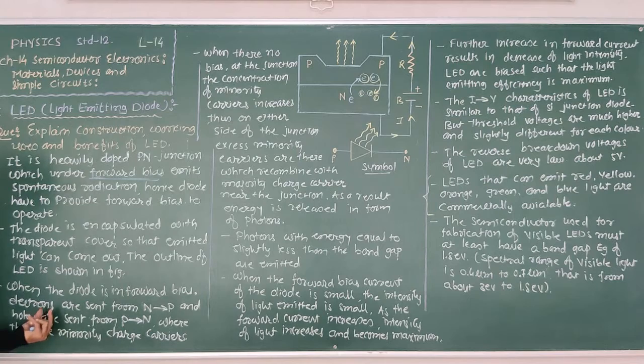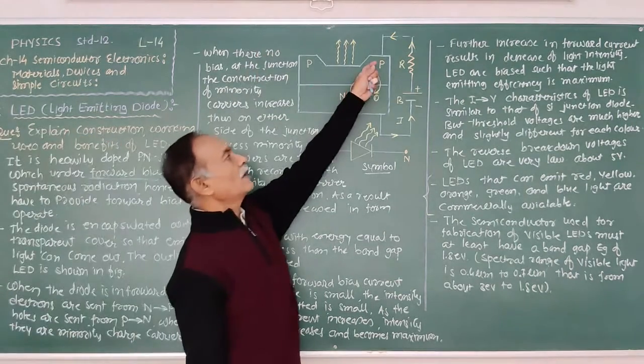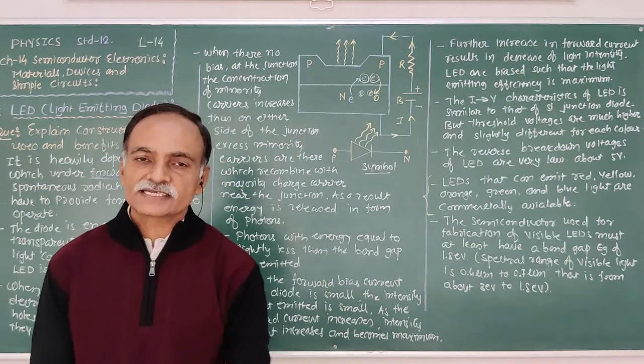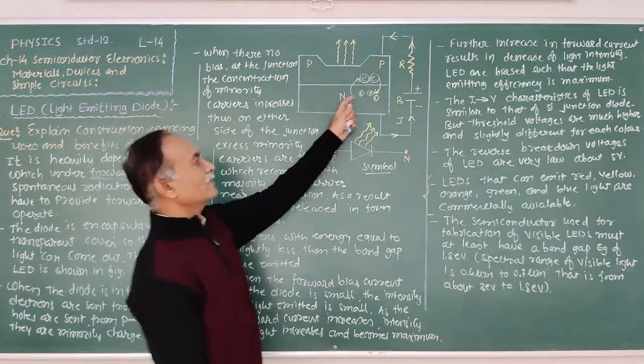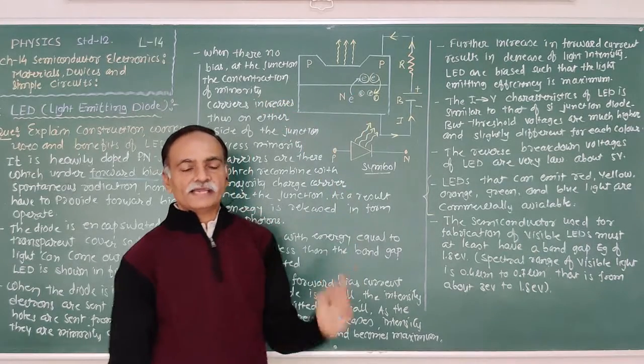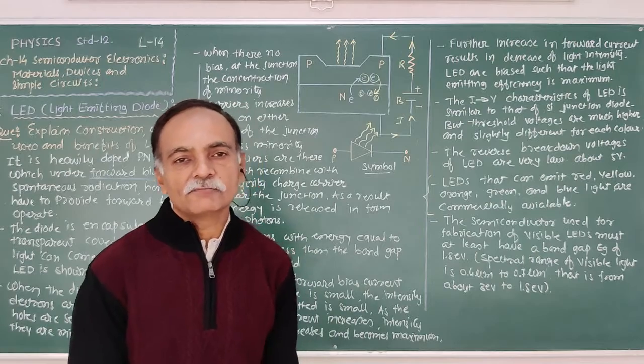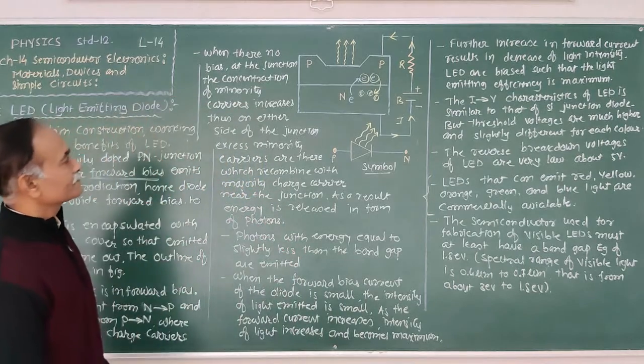That means the electrons are diffused from the N to P region and holes are diffused from the P to N region, where they are minority charge carriers. When the hole reaches the N region, in the N region the minority charge carriers are holes. And the electrons diffused from N to P, when they reach the P region, are minority charge carriers.